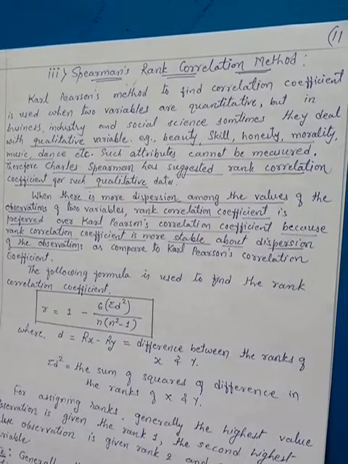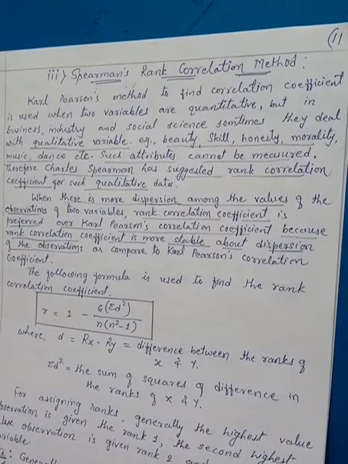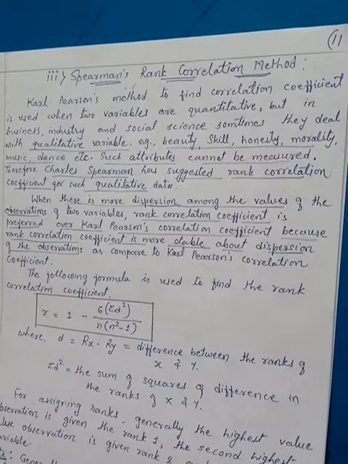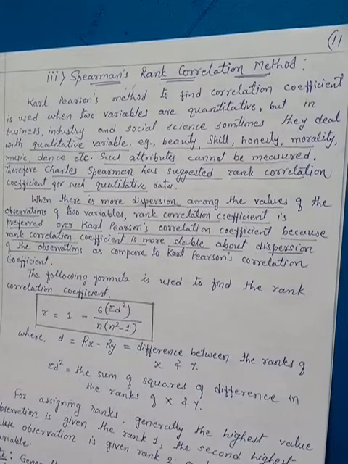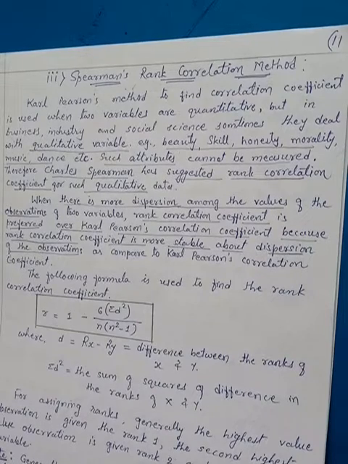In Karl Pearson's method, that is exercise 2.2, you have seen that the pairs of observations provided to us were always quantitative variables, where the numbers are directly provided and can be measured in numbers, like income and expenditure of a family, the advertisement expense and profit of a company, advertisement expense and sale of a company, maximum temperature and sale of ice cream, or age and weight or height of a person.